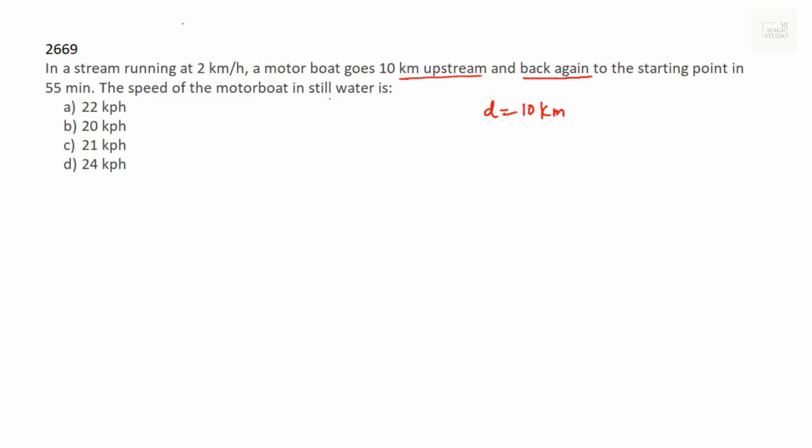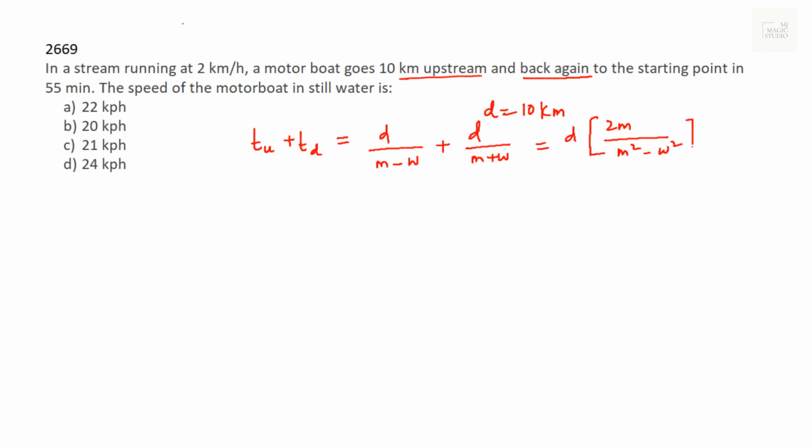The speed of the motorboat is, we know that time upstream and time downstream is given by d upon m minus w plus d upon m plus w. We solve this, we'll get d into m plus w plus m minus w, which is 2m, upon m square minus w square. We can use this formula straight away also.